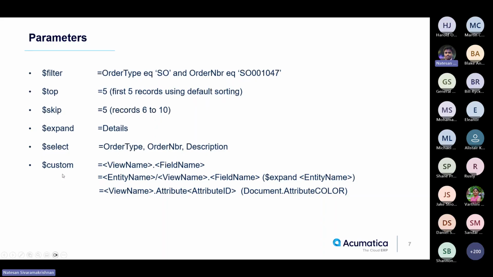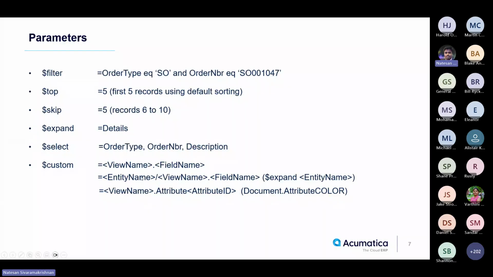And the last one would be the custom parameter, which has three known use cases. If a field is not mapped in the default endpoint, but it is available in the screen, then it can be accessed using this structure: the view name dot followed by the field name.